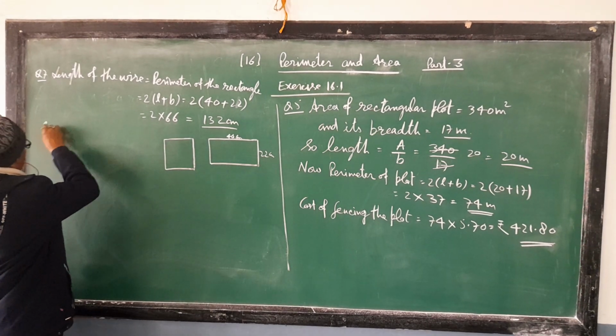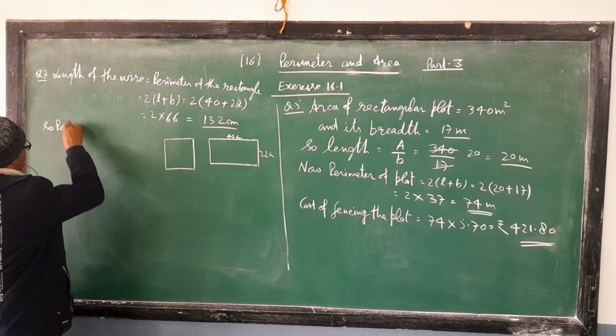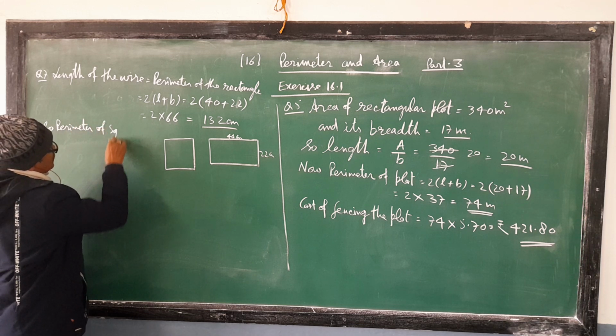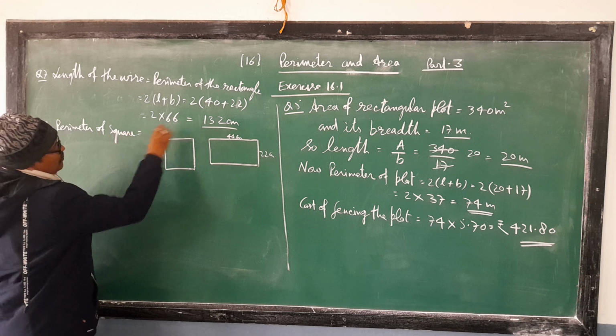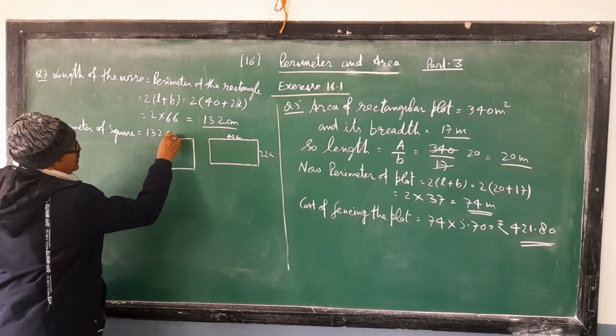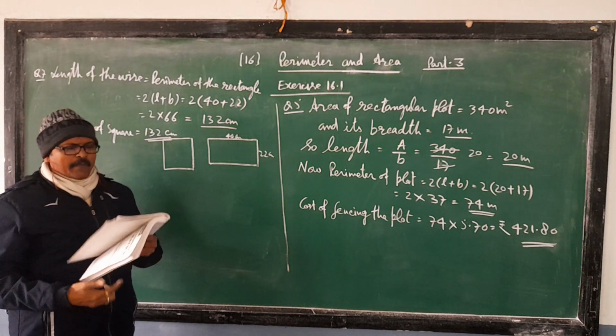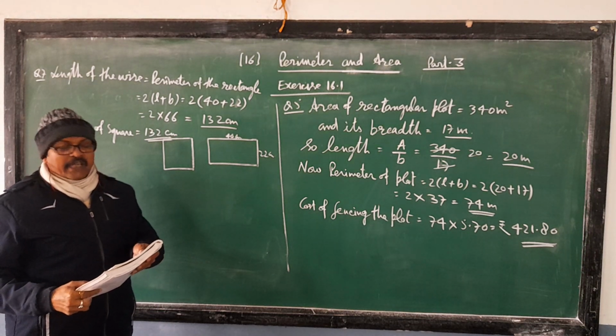So perimeter of square is equal to the length of the wire in centimeter.